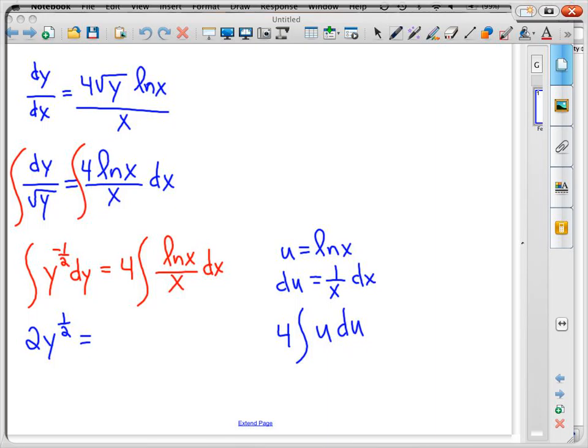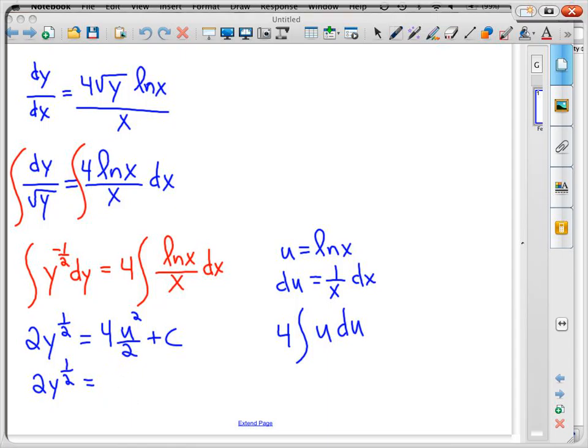And so when I finish this off, it's going to be 4 times u squared over 2 plus c. But I think I'd like to put back the x term. And so in the end, I've really got 2y to the 1/2 power equals 4 over 2, which I guess I could simplify, and maybe that's what I'll do now.